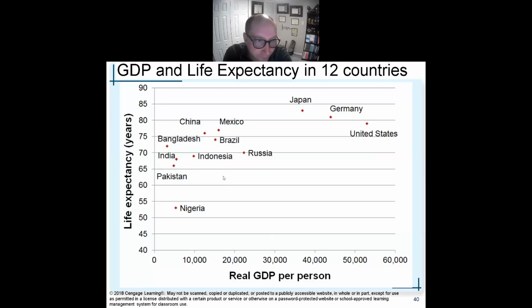This graph, a little outdated, but it's mostly accurate still. Based off of GDP, you can correlate GDP with life expectancy, how long people live. I don't put too much into reading this, but it's interesting.